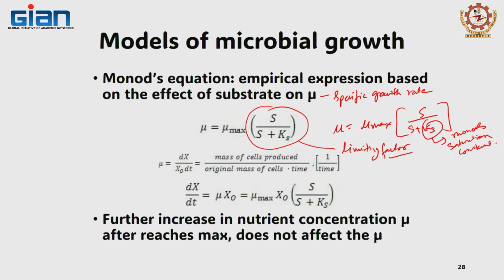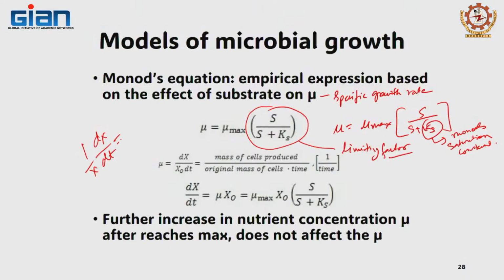Now, how do you define your mu, your specific growth rate? dx by dt would be the change in the cell concentration with respect to time, right. If you normalize it with respect to the cell concentration x, that is what is going to give you your mu, the specific growth rate.